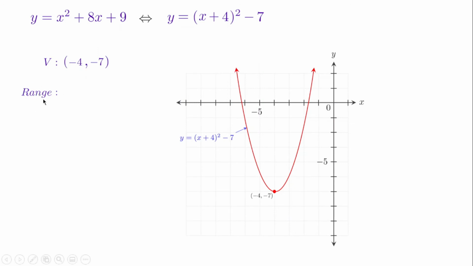We use R for range, and take note in the graph of the function, in the vertex, the k value, negative 7, is the lowest possible value of y. So we trace negative 7 here to y. So our range is given by y is greater than or equal to negative 7.